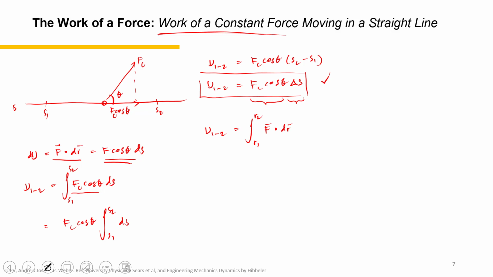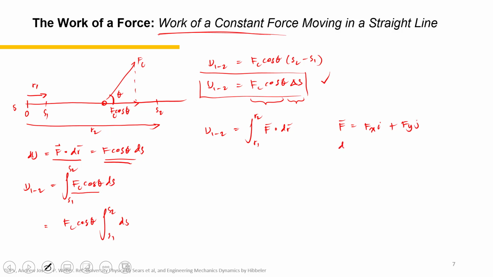So first, let's define the F and the R. In order to do that, let's first have an origin. Let's position our origin on the left side, such that we have a position R1 and a position R2. Okay? So for F, let's define F vectorially as Fx i plus Fy j.